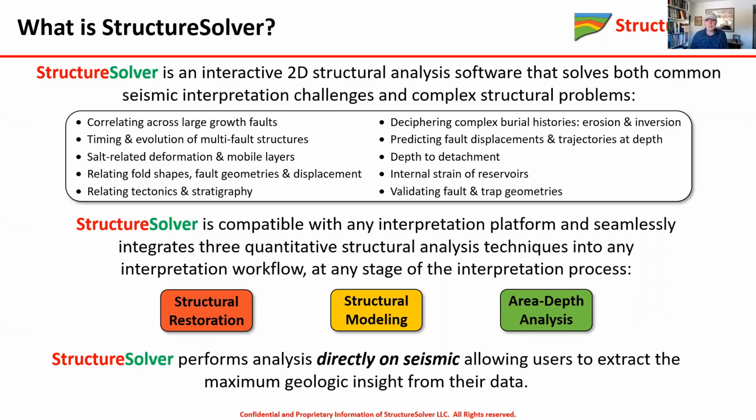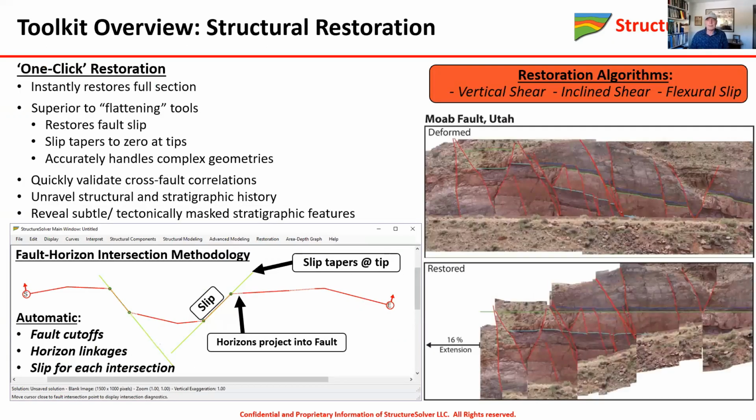And we use three different tool sets. One is structural restoration, the other is structural kinematic forward modeling, and the third one is area depth analysis. We do all of this analysis directly on the seismic or other data, allowing users to extract maximum geological insight from their data. So I'll briefly go through the tools.